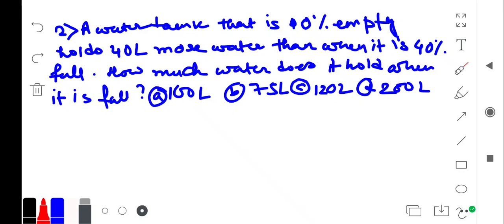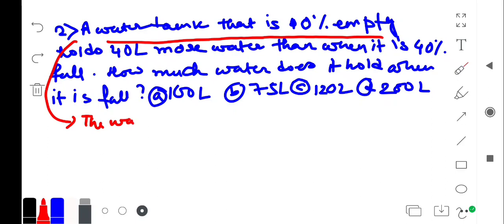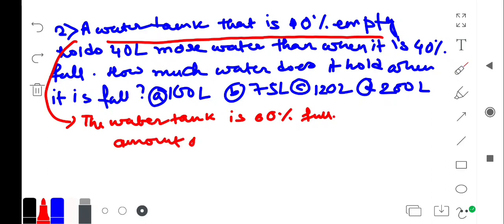নাও let us, there is given a water tank that is 40% empty. Okay, so that means, that indicate the water tank is 60% full. Okay, now amount of water equal to 60 by 100 into x.